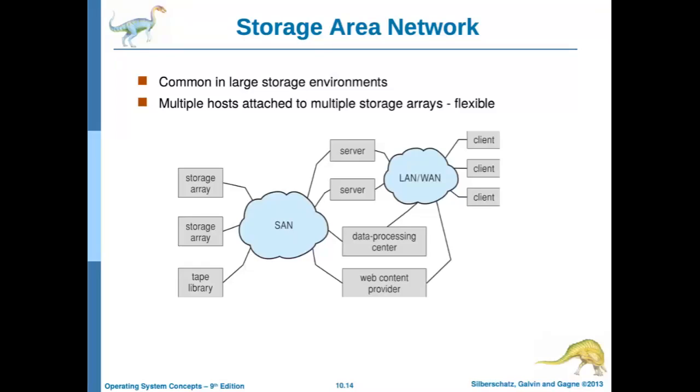Even tape libraries are there for consistency or durability of data. And all these are connected through fiber channel for high-speed connectivity. That is what the SAN is. The only disadvantage of SAN is that in order to implement this, you need to invest lots of money.